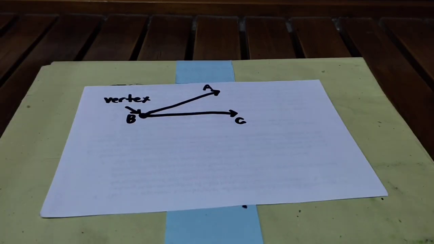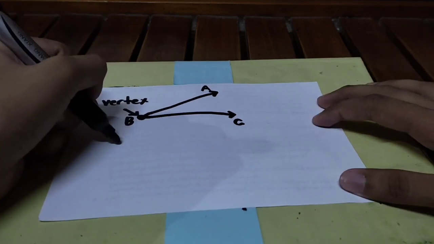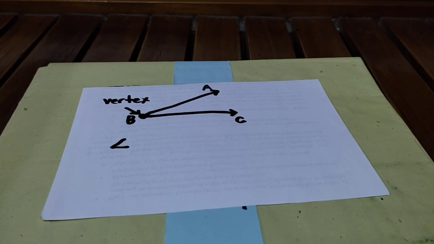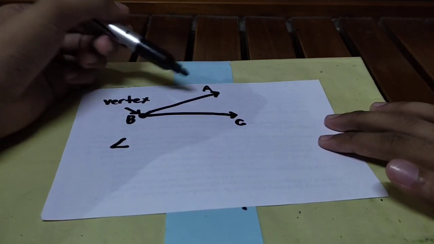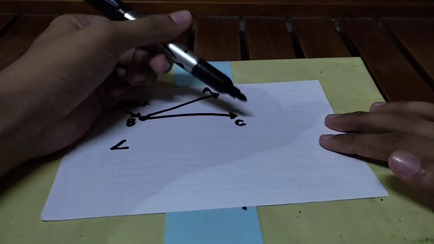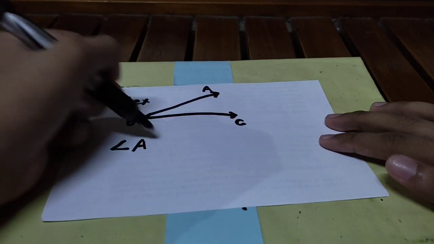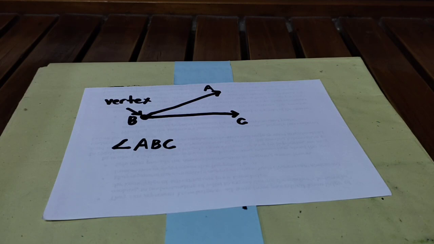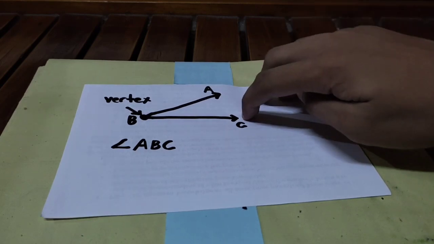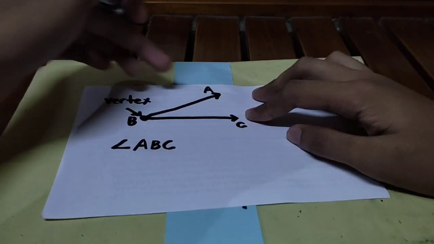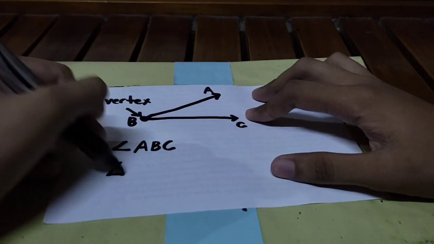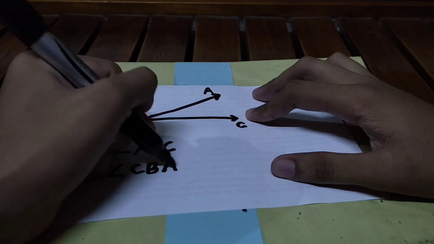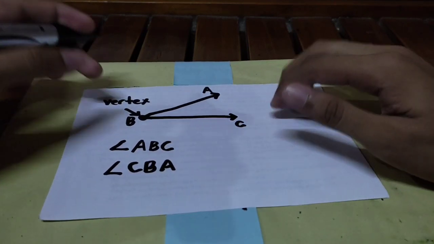An angle is denoted by this symbol. And now we have angle ABC, and also we have angle CBA. This is an angle.